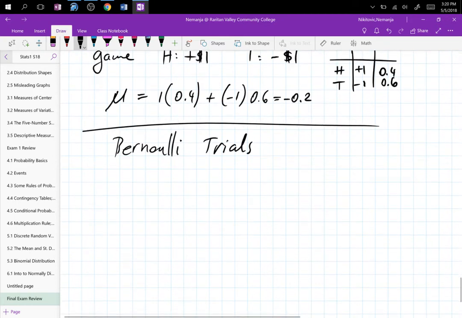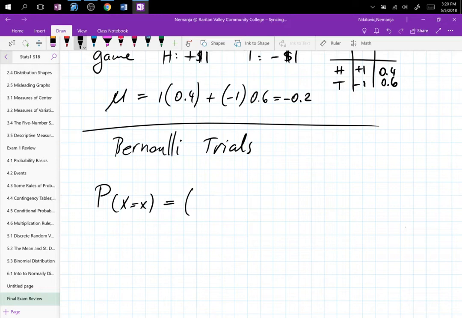So for Bernoulli trials, the probability was given as the coefficient, N choose X. I can't remember which letters we used. Yes, and it was a probability of success.